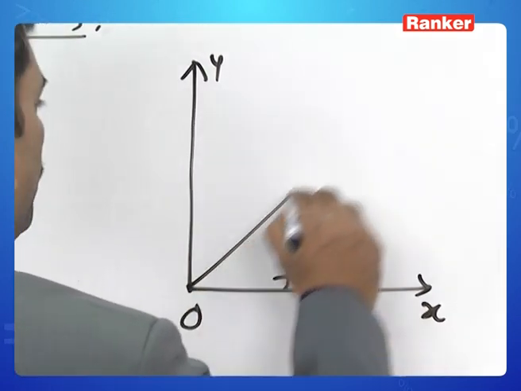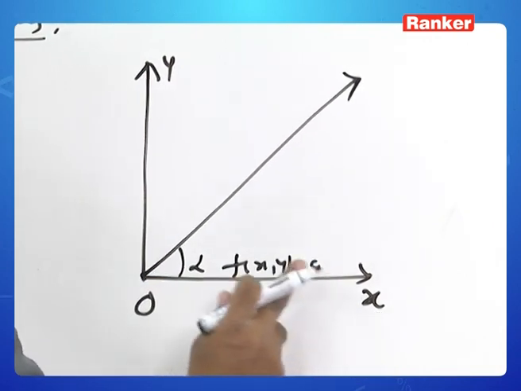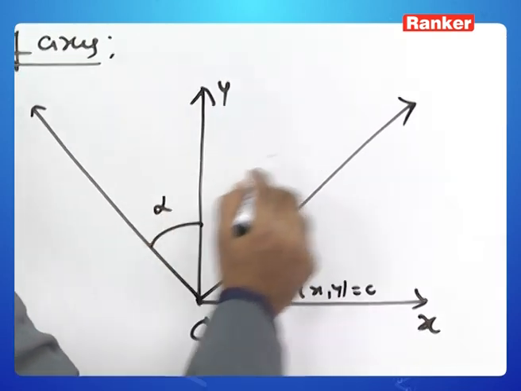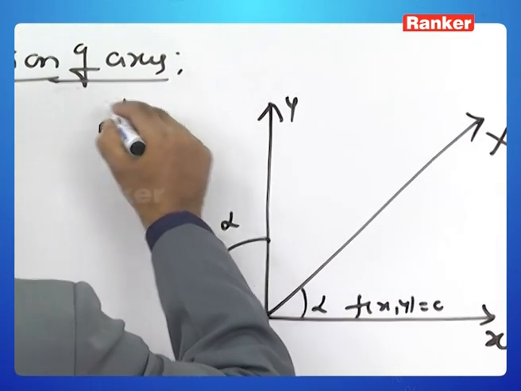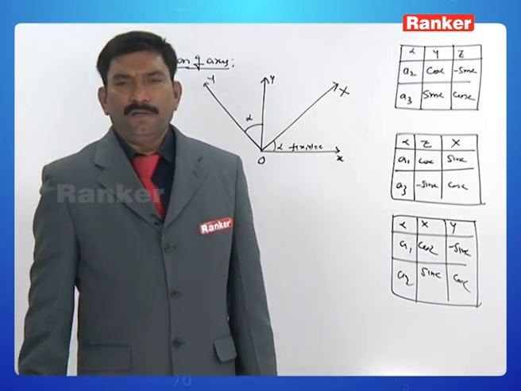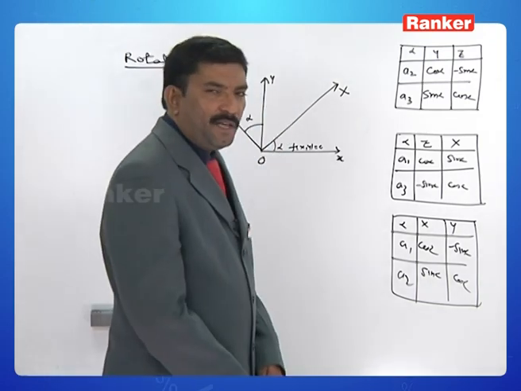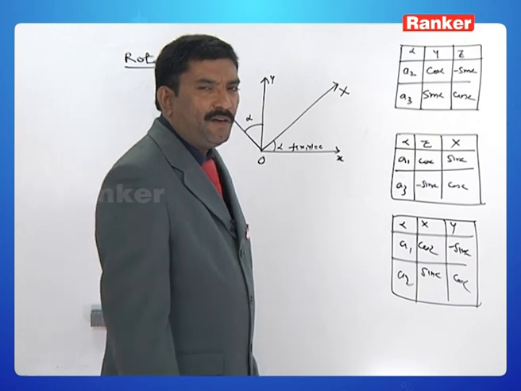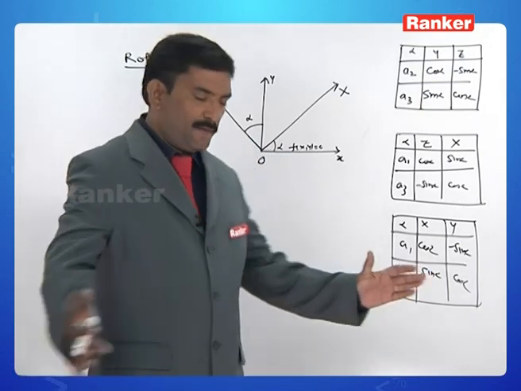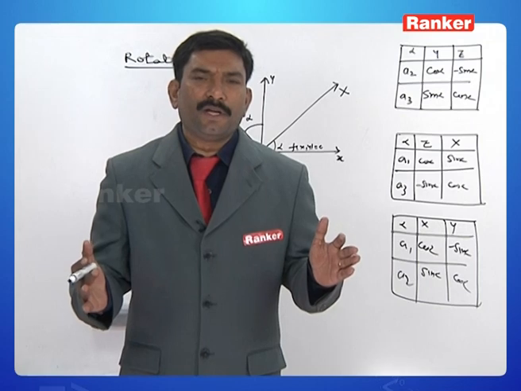Now if I rotate the x-axis through an angle alpha in anti-clockwise direction, this is capital X and capital Y. Then look here, in the rotation of axis, if I rotate like this, I am standing in the same place, meaning my origin is not shifted.